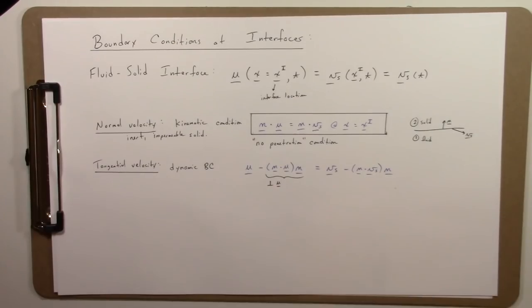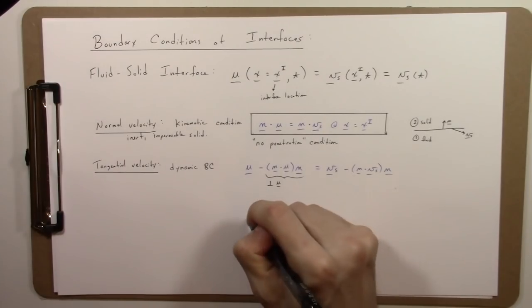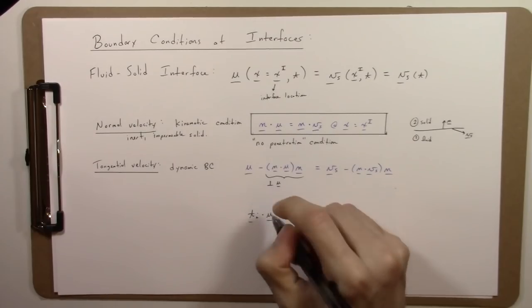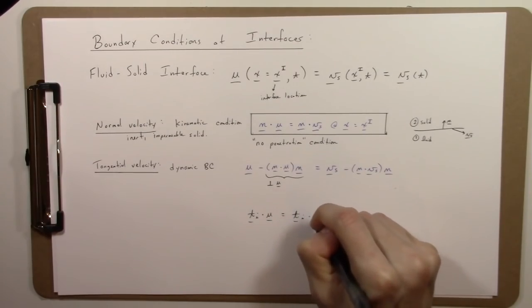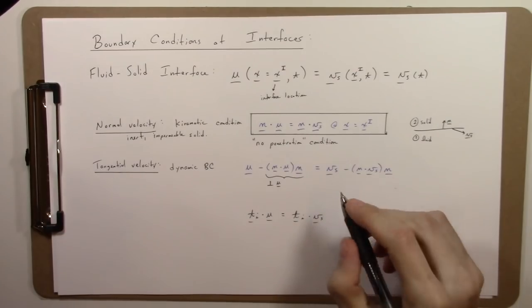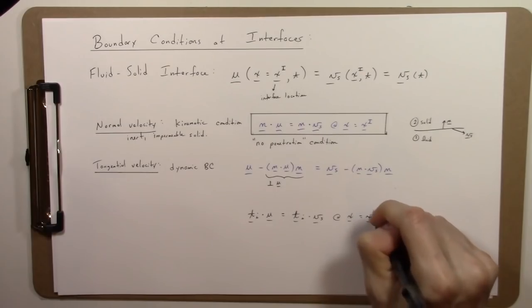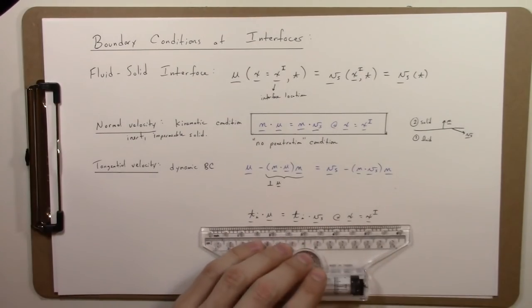Instead of leaving it like this, we can also write it as t sub i dotted with u is equal to t sub i dotted with vs, at x equal to x interface. So we will highlight this equation.